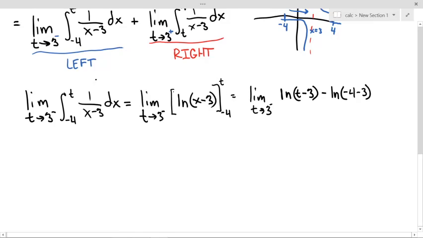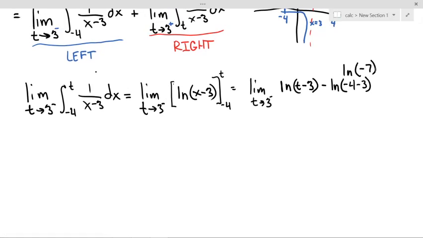Now if we evaluate this, that would be the natural log of negative 7. So we'll be left with the natural log of t minus 3 minus the natural log of negative 7, and this limit still extends to here.